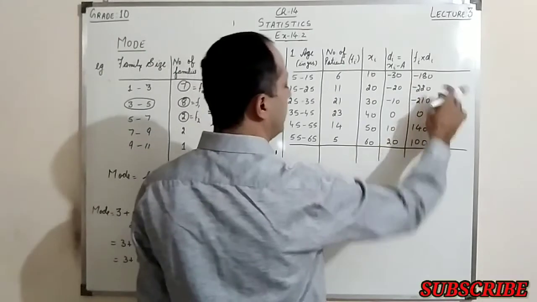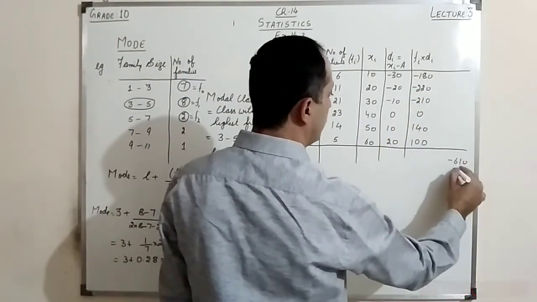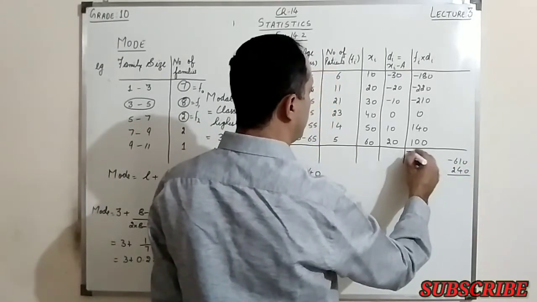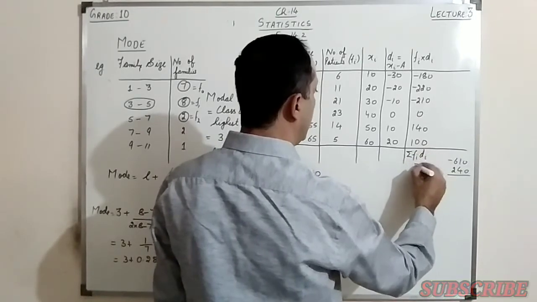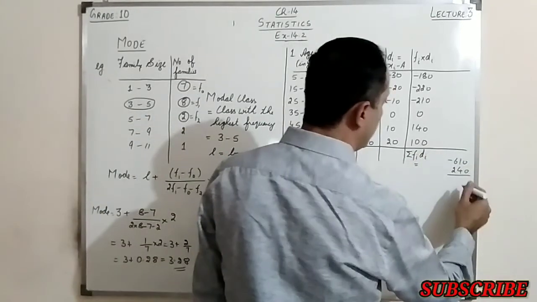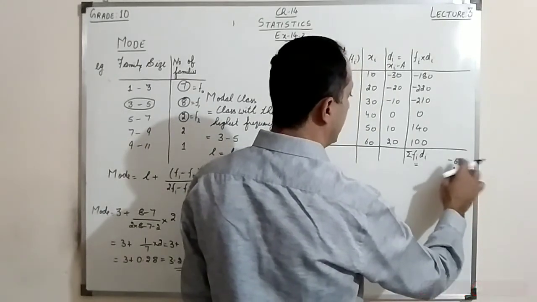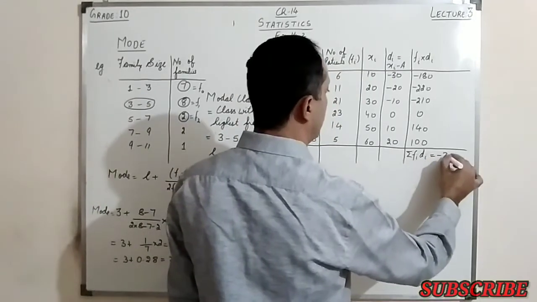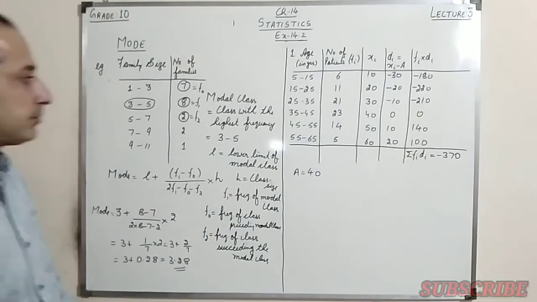This is 400 and this is minus 610. And this is 240. So we have the value of summation fi di, which comes out to be minus 370. This is what we have got.